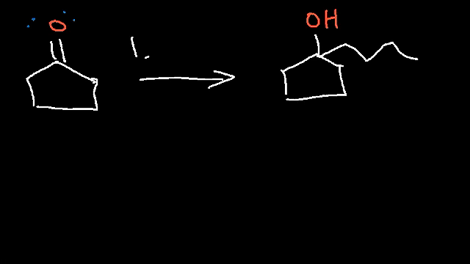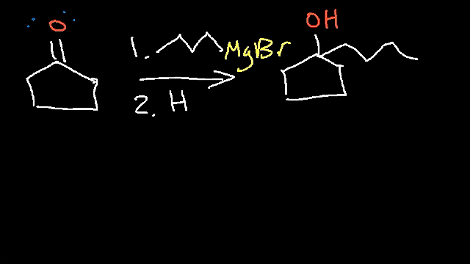So, we need to add 4 carbons to this compound. So basically, we need 4 carbons and an MgBr group. In the second step, we need H3O+. That's it. That's all the reagents you need to make that product.